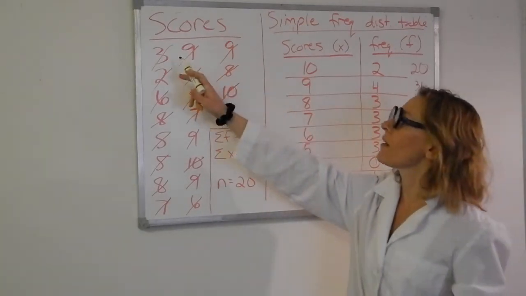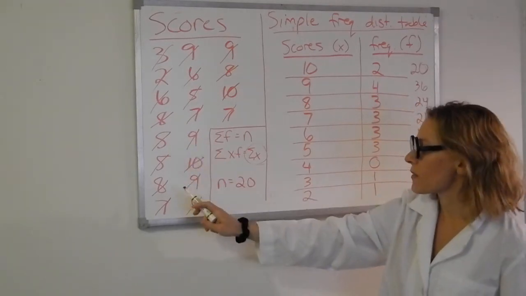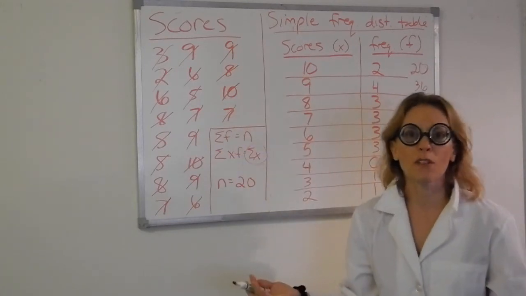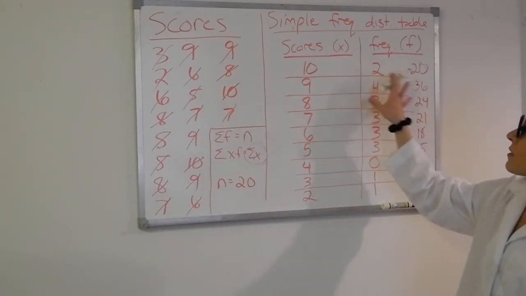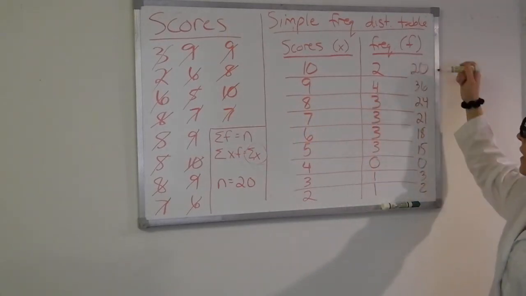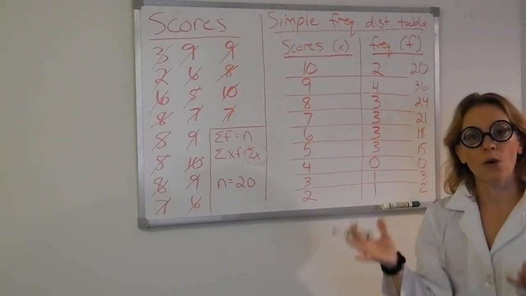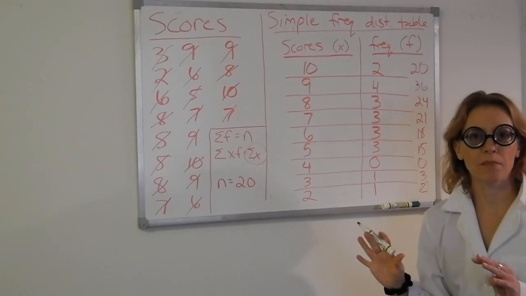Add those all up, and they should give you the sum of all the scores. So rather than adding 3 plus 2 plus 6 plus 8, or plus 5 plus 5 plus 8 plus 7 plus 6 plus 9 plus 10, etc., especially if you have like 40 or 50 or 100 scores, you just simply multiply the score by the number of times it occurs and add all those up, and it gives you the sum of x, or the total of all your scores added up together.